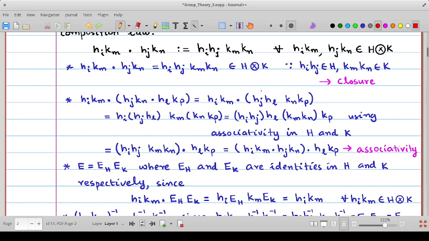Now the group multiplication in H is associative and the multiplication in K is also associative. So this can now be written as HI times HJ times HL, and this can be written as KM times KN times KP.